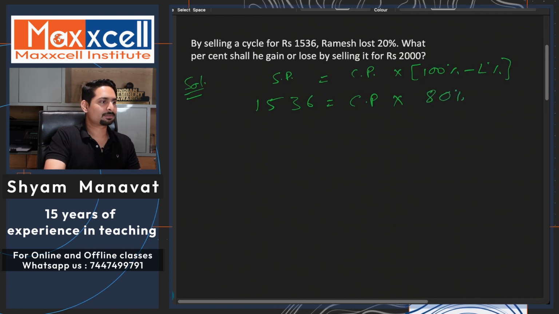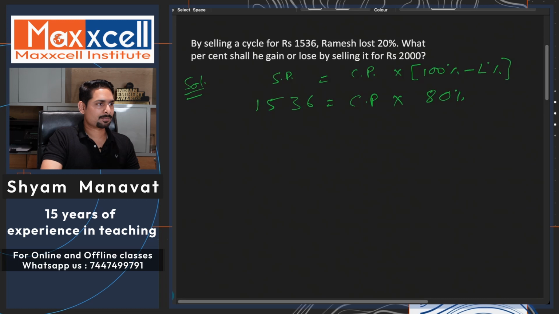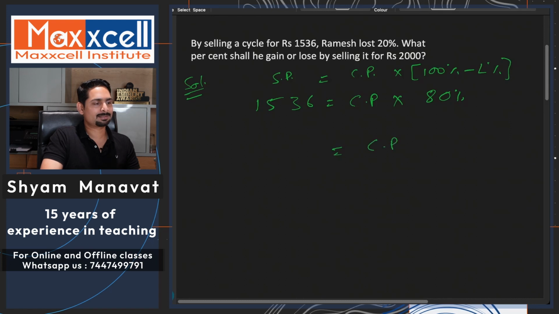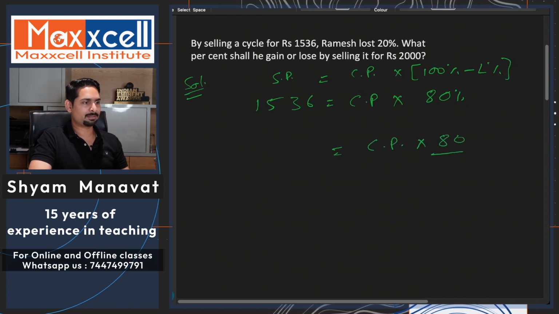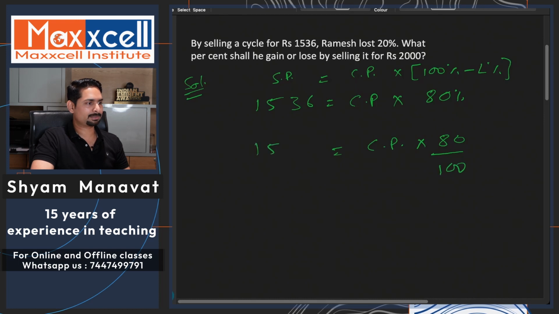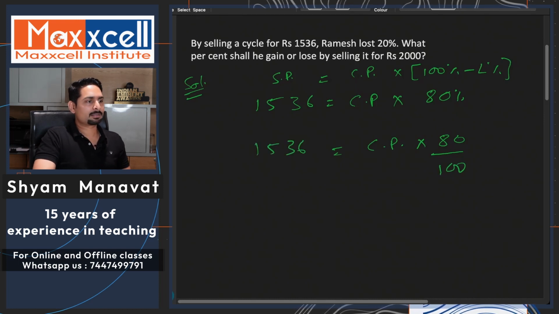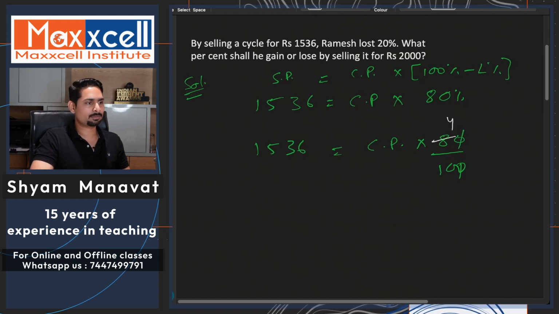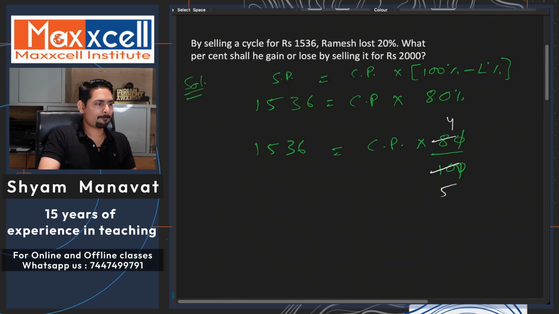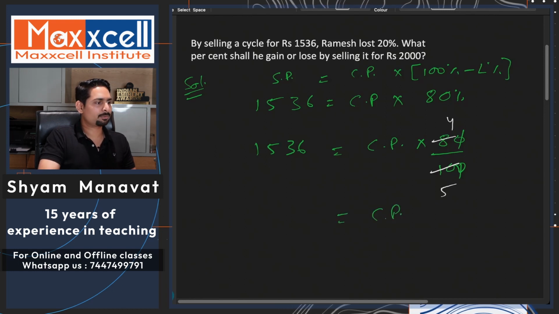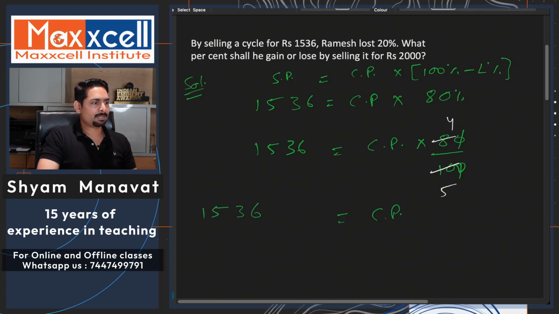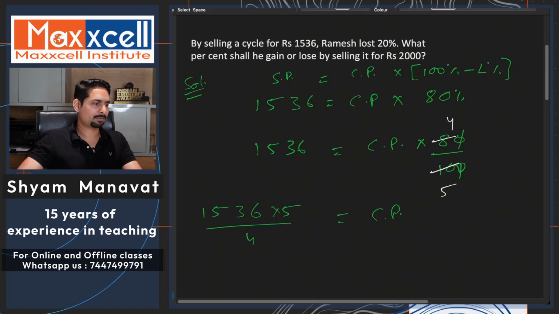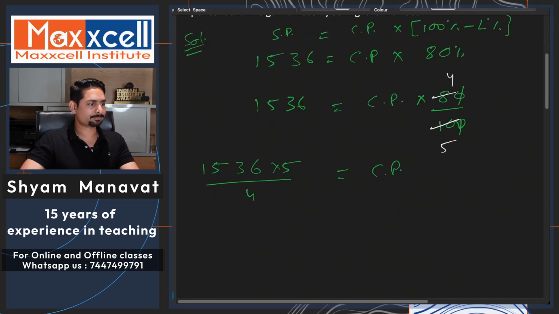Let's simplify this first. So here you have cost price multiplied by 80 by 100, and here you have 1536 as it is. The zeros cancel, 4 fives are 20, cross multiply. The cost price is going to be 1536 multiplied by 5 divided by 4.